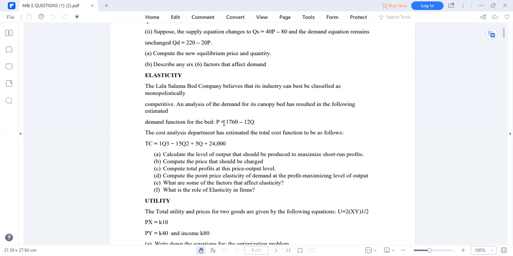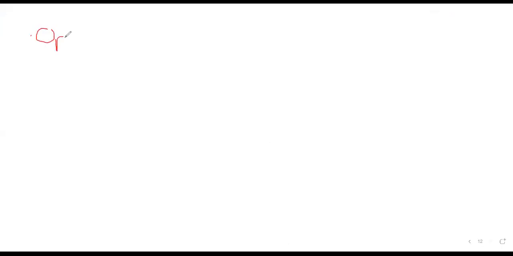So we need to know that if we're given a demand function, like this one here, we can maximize the revenue, we can minimize the costs. So I gave you steps in optimization. So if you're optimizing, you're maximizing the revenue and profit and minimizing the costs.